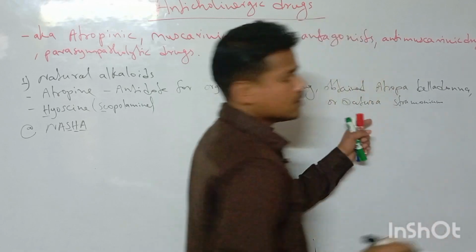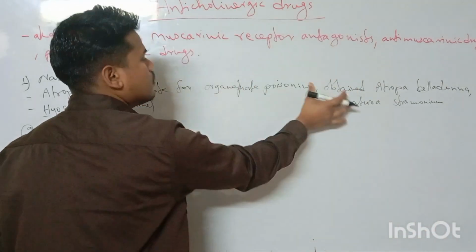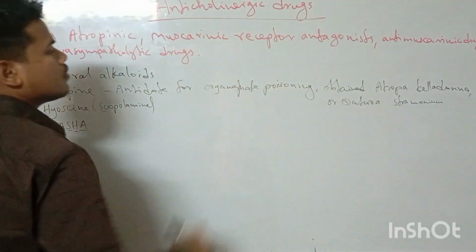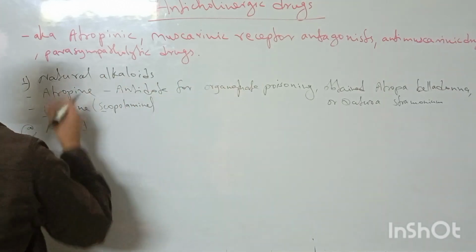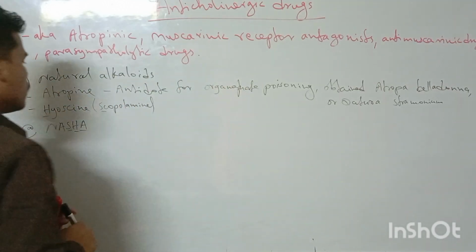From these species of plant, these drugs are obtained majorly. So sometimes it might be asked in viva and MCQ, what is the source of atropine.